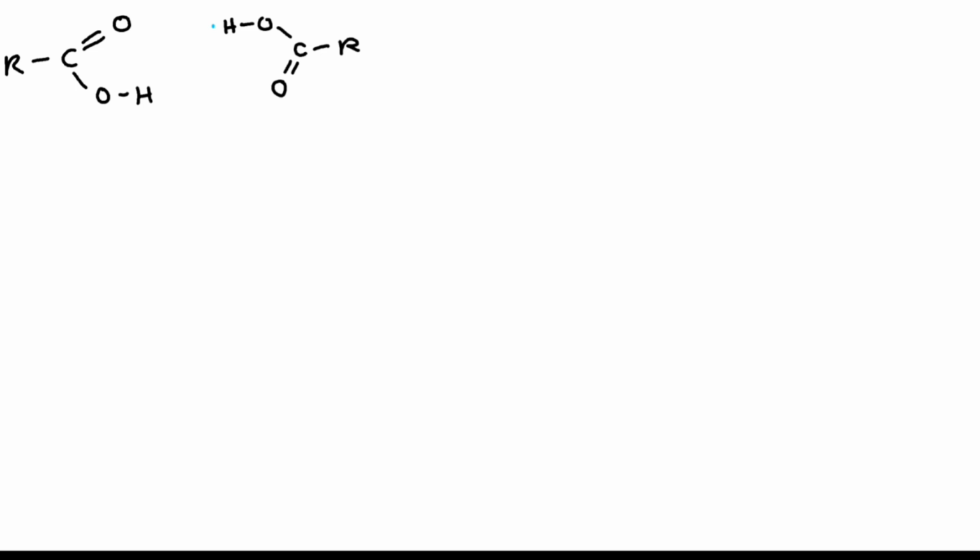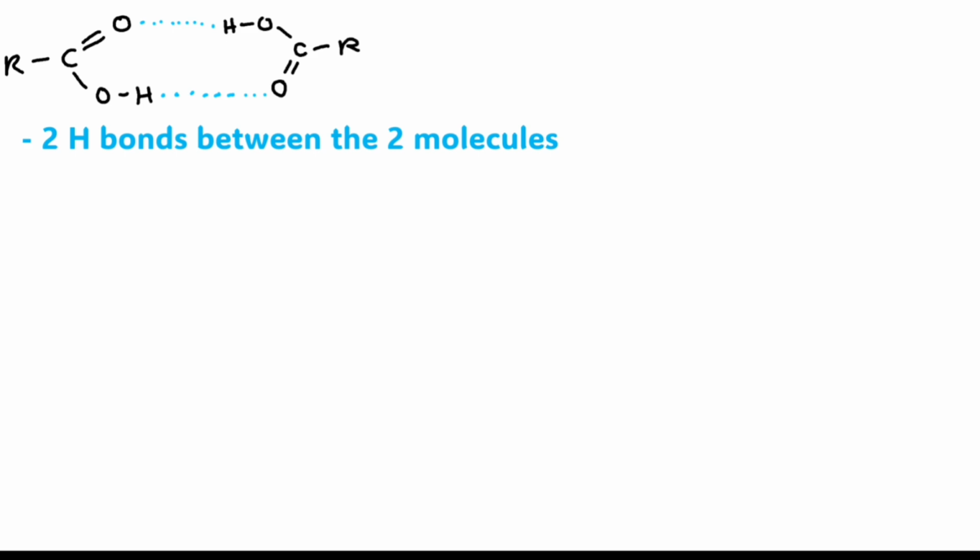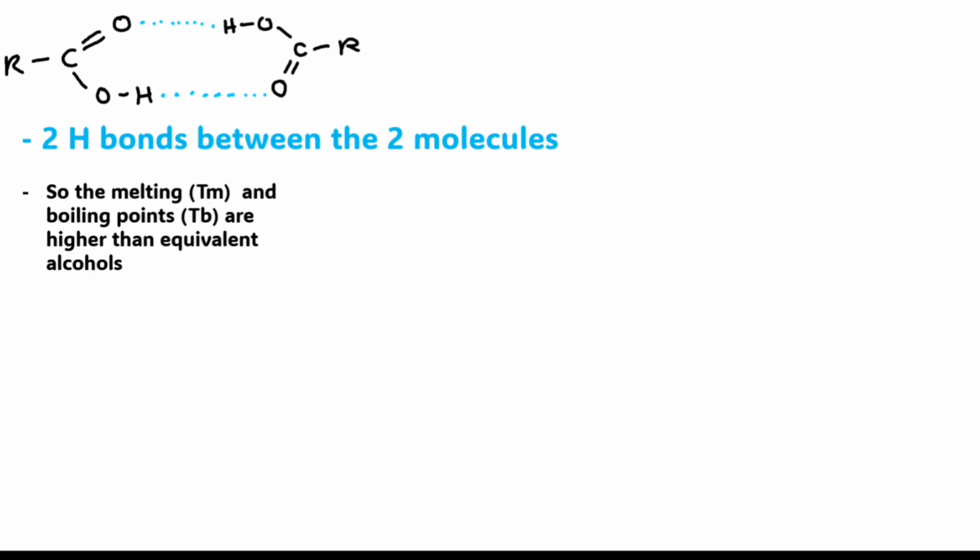We see here there are two carboxylic acids shown. Here's the carboxylic acid with a double bond O and the hydroxy group, so the OH. There is a hydrogen bond between these carboxylic acids, because the oxygen is attracted to the hydrogen, and the hydrogen is attracted to the oxygen. So there are two hydrogen bonds between the two molecules. This means the melting and boiling points are higher than equivalent alcohols.